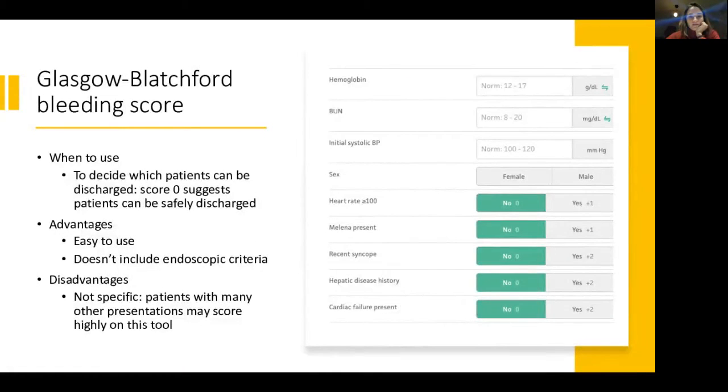So the answer to this one is a history of liver disease. This is the Glasgow-Blatchford bleeding score. It's a very useful system to decide which patients can be discharged. We had an interesting teaching session recently by a gastroenterology consultant about this. The Glasgow-Blatchford is not a very specific score because you can get points from it if you have lots of different presentations.